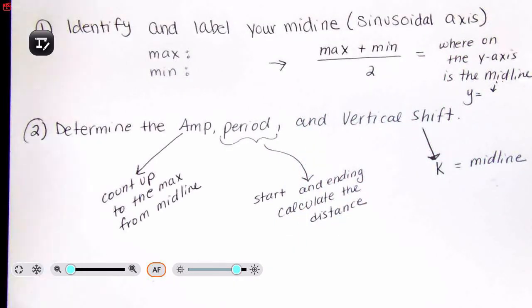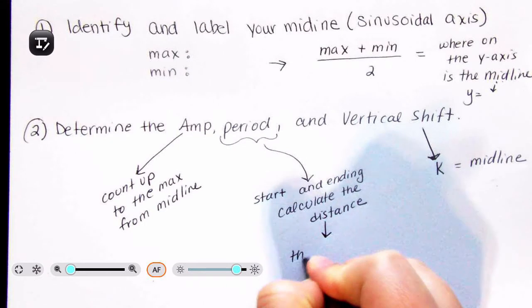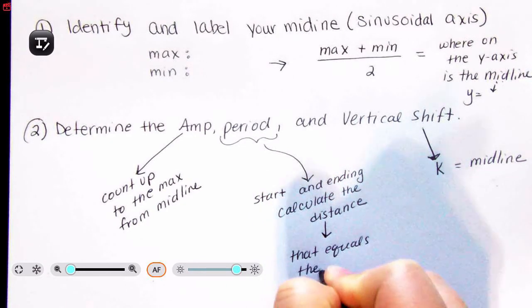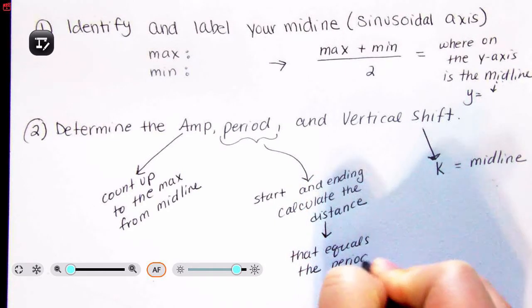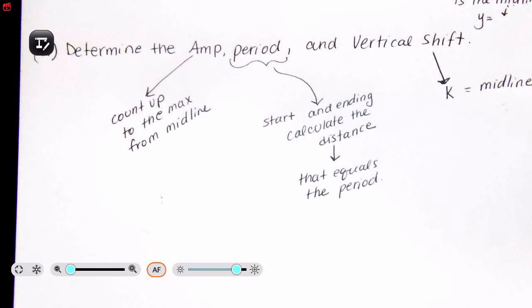Okay, you have your starting point, you have your ending point. You're going to calculate the distance between the starting and the ending. That will equal the period. So 1 period. Again, what do we need from the period? We need to know what B is.